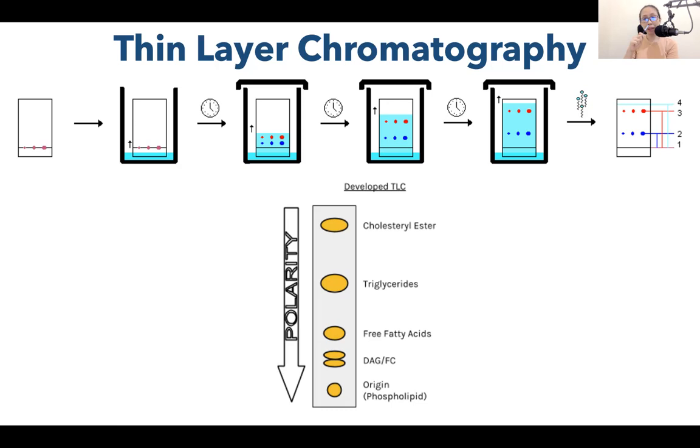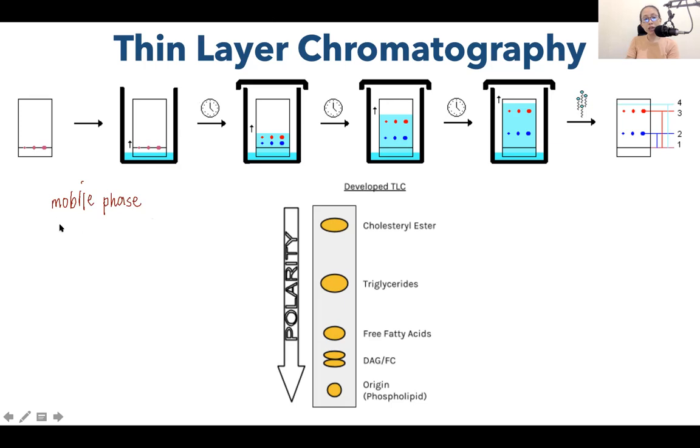Again, the principle is that you have two phases, right? The mobile phase and the stationary phase. The mobile phase is your solvent, the one that you place inside the chromatography chamber.